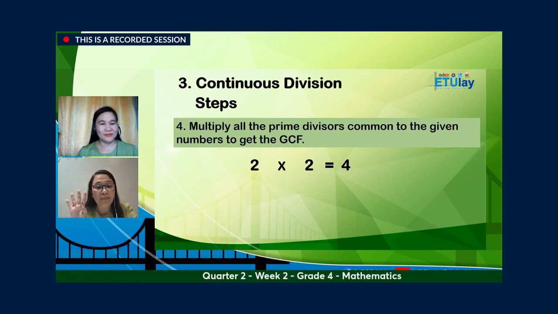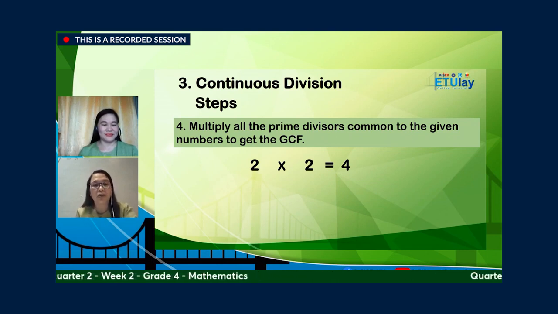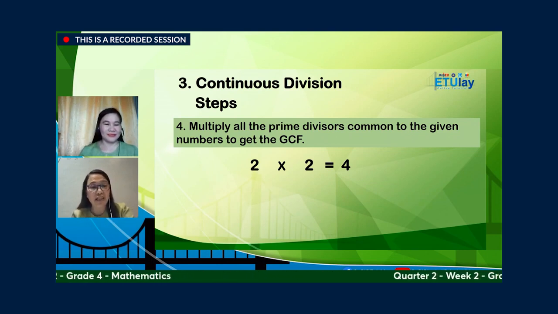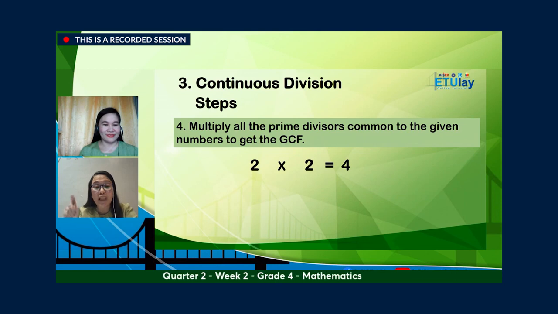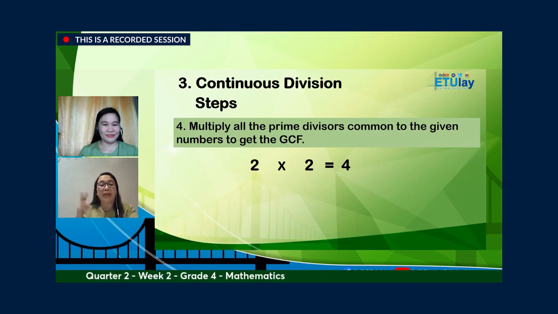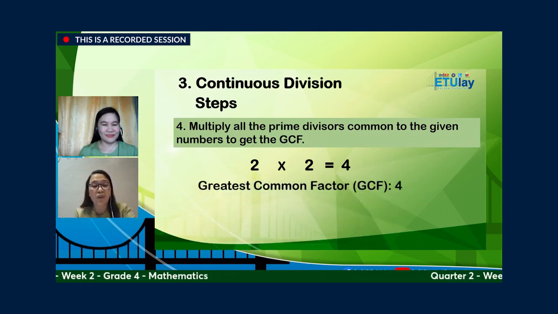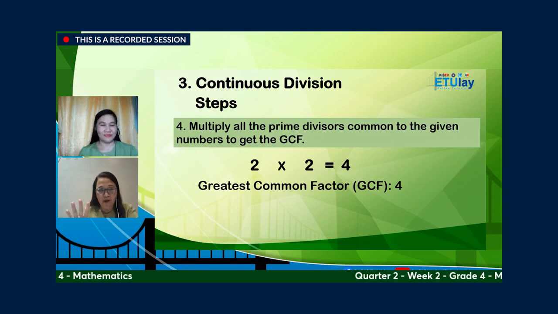That is for step 4. You're going to multiply all the prime divisors common to the given numbers to get the GCF. And that common divisor is 2. So we have to multiply it. 2 times 2 equals 4. So the GCF or the greatest common factor is 4.